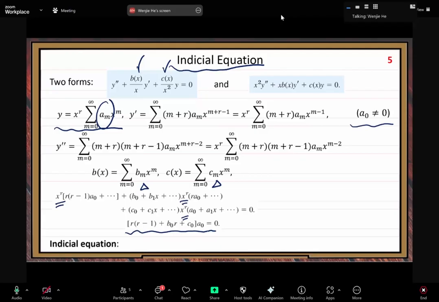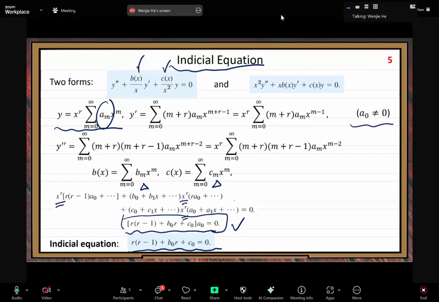That's the initial equation. When you add them up, you need to make this equal to 0 so that you can find a solution. This condition must be true in order to have a solution, otherwise structure-wise it's not compatible. You use this initial equation to determine R. Solve this quadratic equation with two roots, R1 and R2.